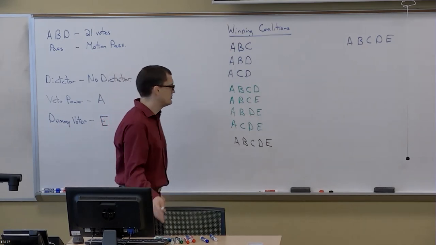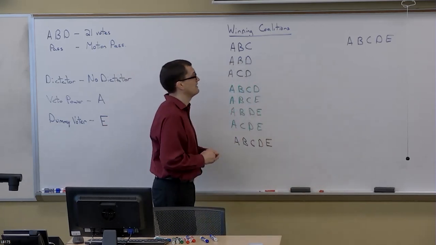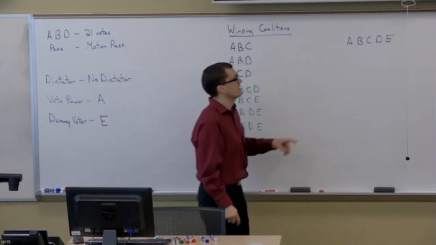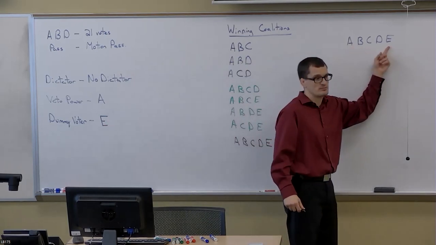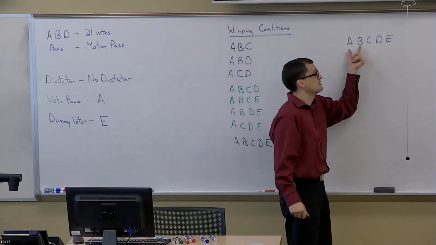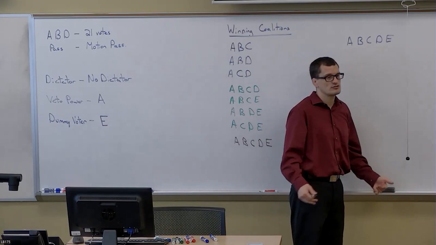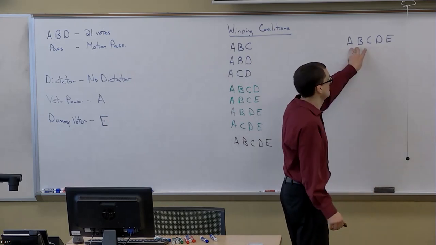I just go through every single option. Technically, I go through every single option of 1, but it's really easy to see that they don't add up to 20. And then I go through every single pair, but there's no pair that adds up to 20. And then I start triplets, and I look at all the triplets.